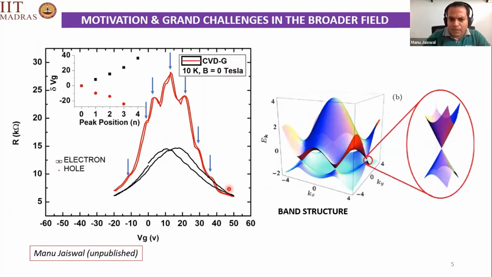And that struck me, maybe I forgot to take the zero field data. So what I should do is switch off the magnetic field, first record the zero field data, and then switch on the magnetic field. I got up to do that, and to my shock, the magnet was already switched off. There was no magnetic field applied.